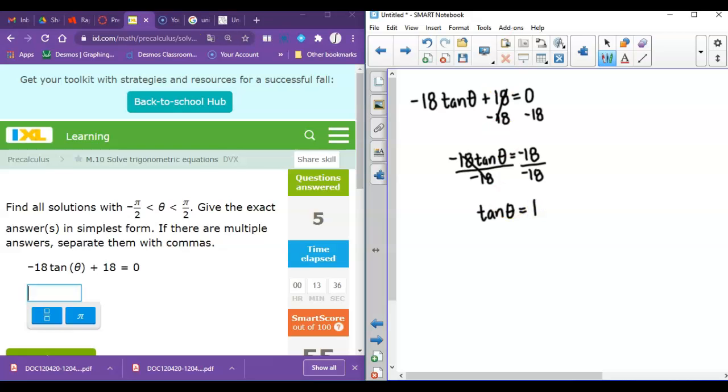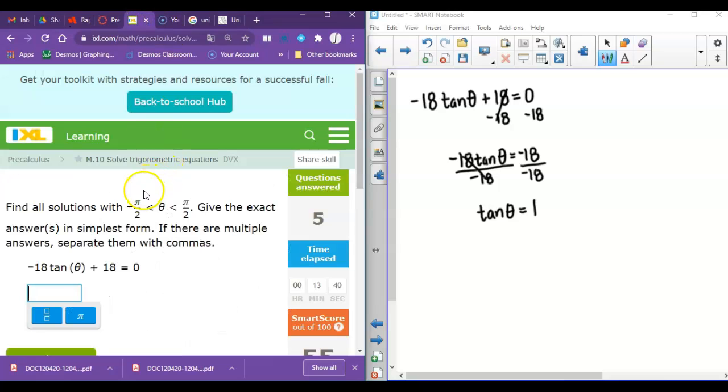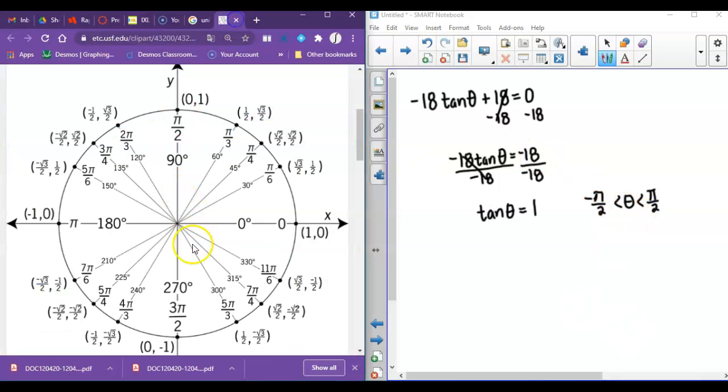So here's the problem with tangent. Tangent is not on my unit circle. I should also think, this is asking me to look from negative pi over 2 less than theta less than pi over 2. Whenever I'm looking for this, I'm only looking from negative pi over 2, which would be right here. It's equivalent to 3 pi over 2.